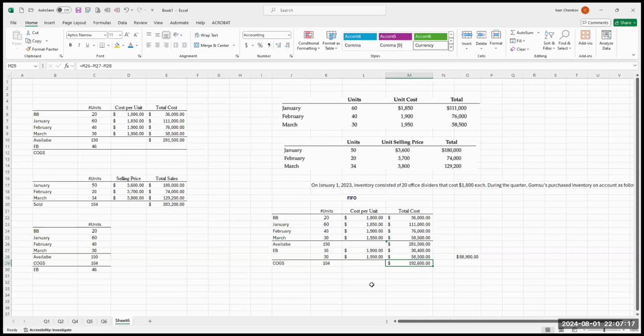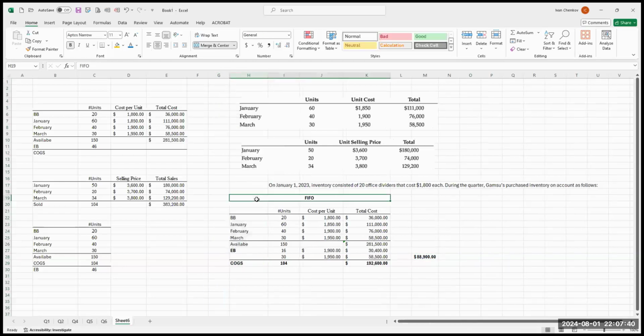So my cost of goods sold is $192,600. And that's how you calculate the ending balance and cost of goods sold under the periodic system when you're using first in, first out.